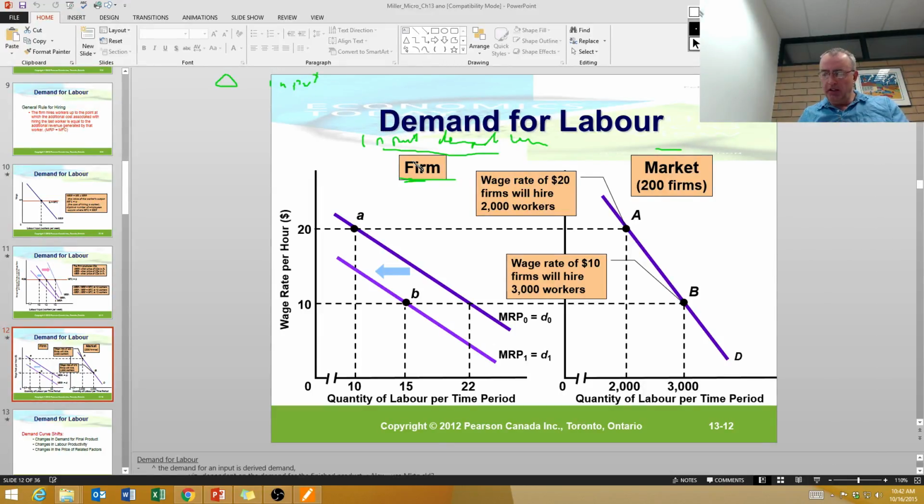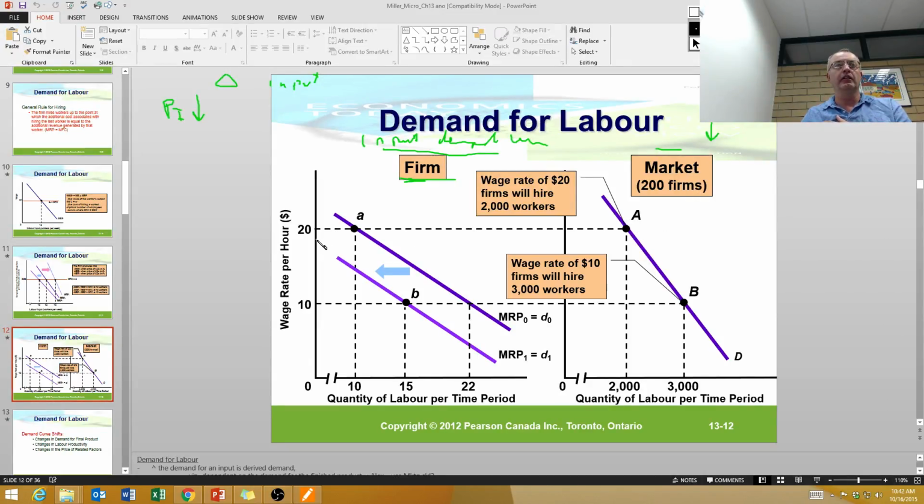So if the price of the input declines, we know that the law of demand says price and quantity demanded are inversely related.